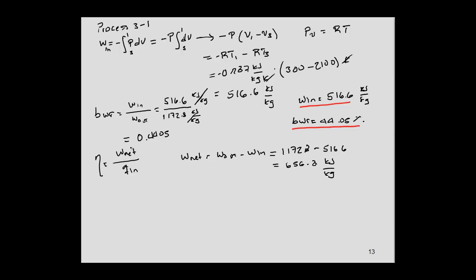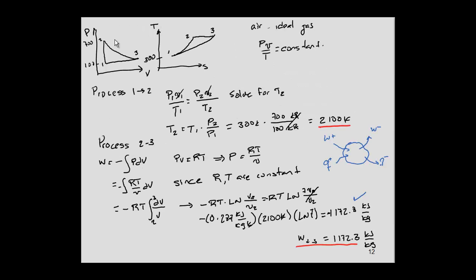Now, let's go back just one page and see that in this expansion, what we expect with expansion is the temperature to drop. Nevertheless, we have the same temperature. So that means that we are having some heat here. So let me just write this. We have Q in.